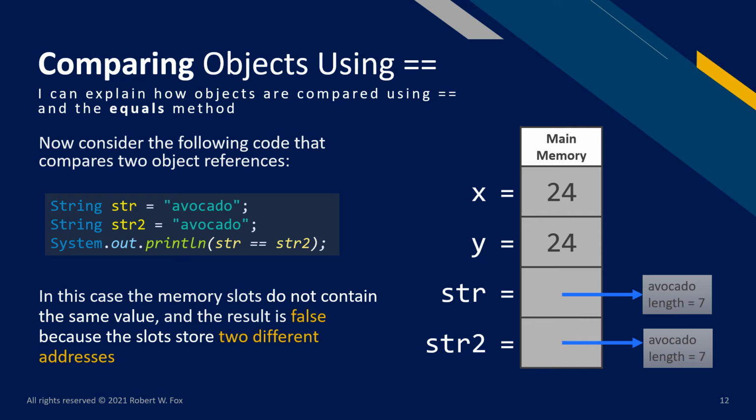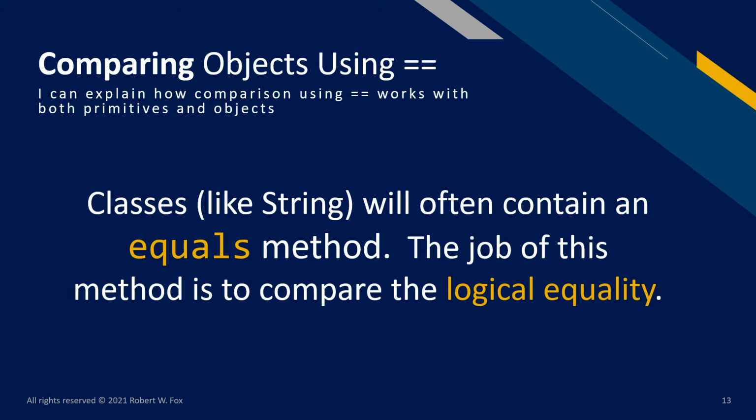And so this is why Java evaluates str equal equal str2 as false. For objects, equal equal is comparing the references, not the actual content of the object, which is why classes like the string class will often contain an equals method. The job of this method is to compare those objects for logical equality.